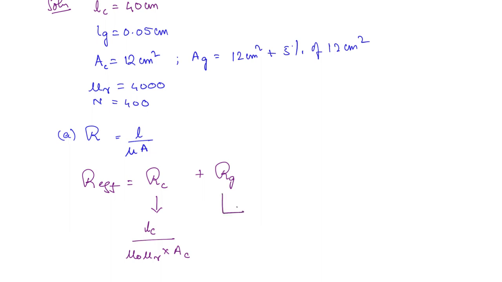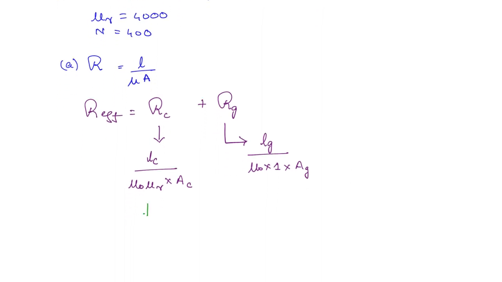And what about Rg? Here the air gap length Lg divided by mu naught, and mu r is simply equal to 1 for air, into the area of cross section of the air gap. So Ag also we know, and we can substitute these values here.